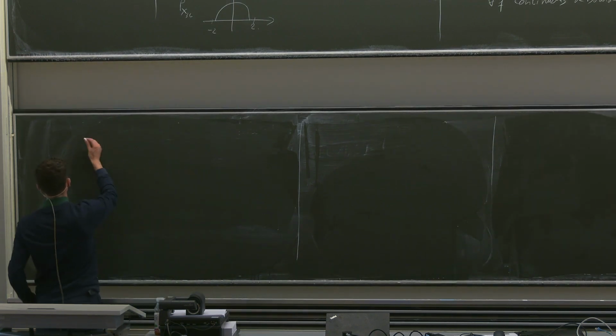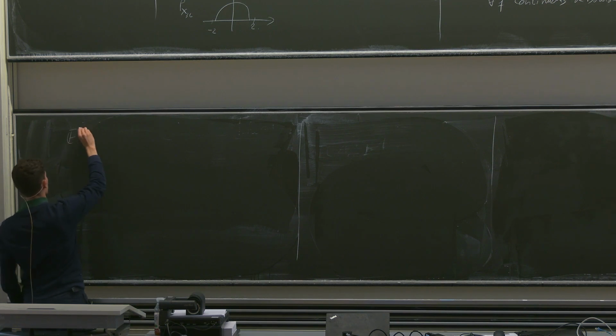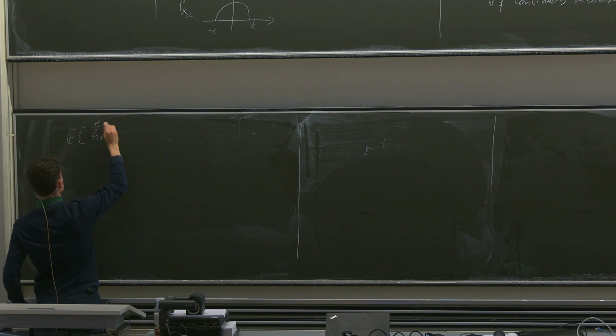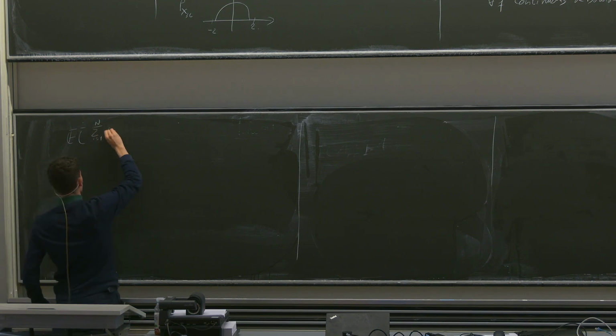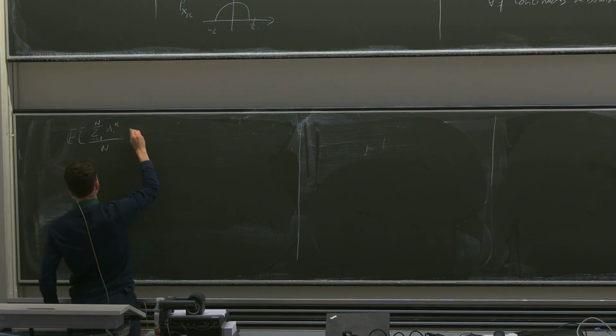Okay. So I want to compute this quantity. I have the expectation of the sum from i equals 1 to n of lambda i to the k, divided by n.